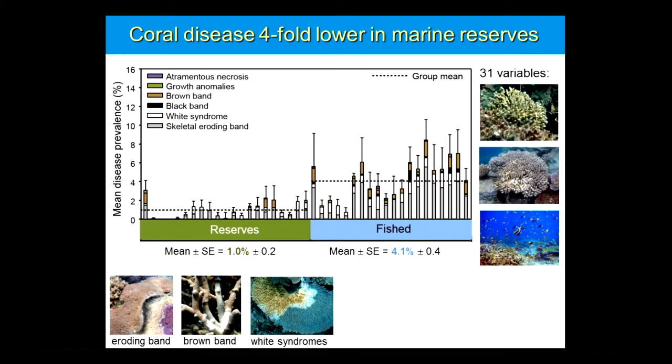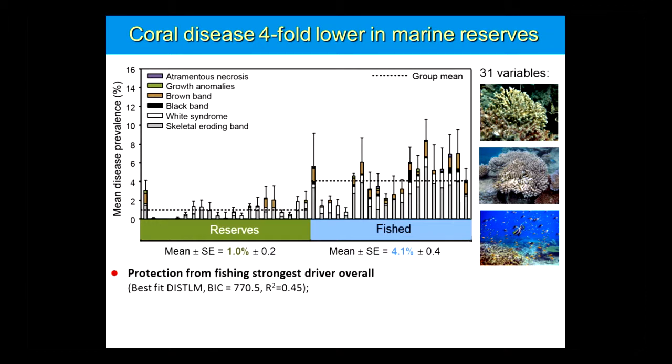In this case, there were 31 variables that we looked at that might explain the differences in disease prevalence between fished and reserves, including fishing line, physical damage, and differences in the fish communities, either the diversity or the abundance of fish. The best fit model showed that protection from fishing, in other words, the zoning, was the overall strongest predictor of these patterns.